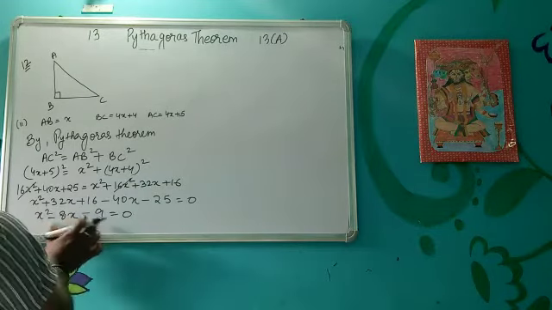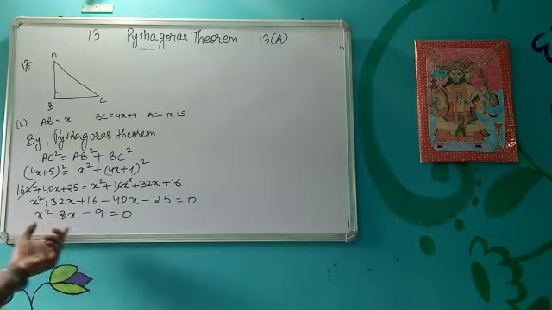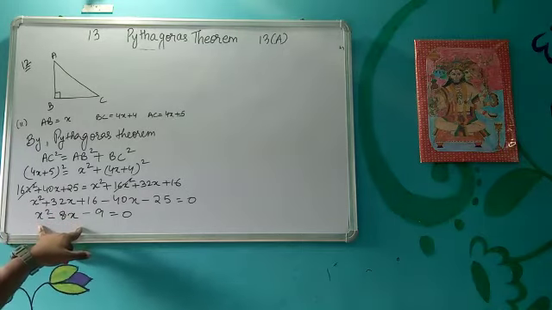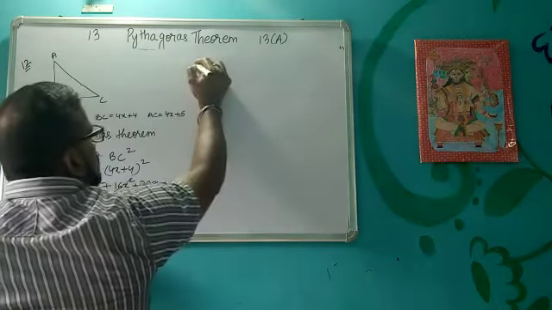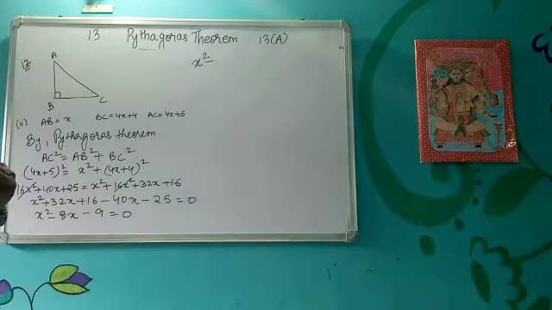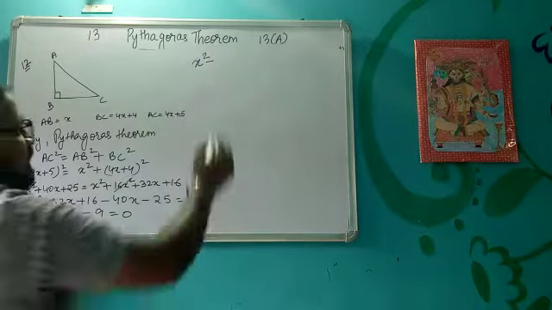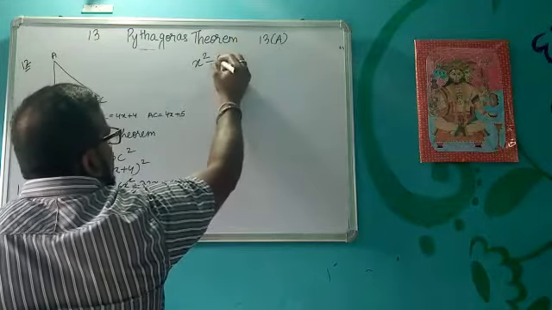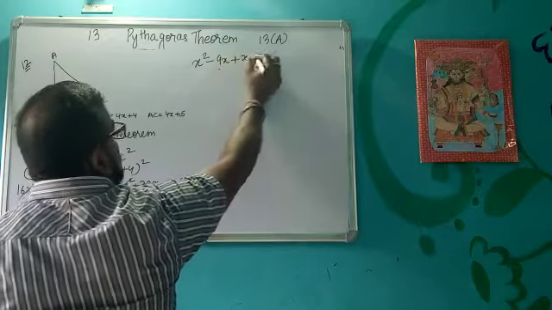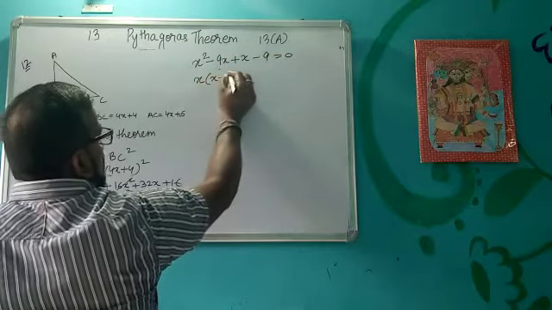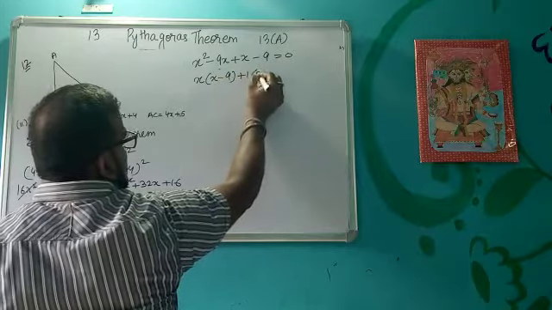So now this is the quadratic equation. We will use the splitting middle term method that you have studied. So x square, this minus 8 can be split in terms of 9 like this, minus 9x plus x minus 9. So then we will factorize.